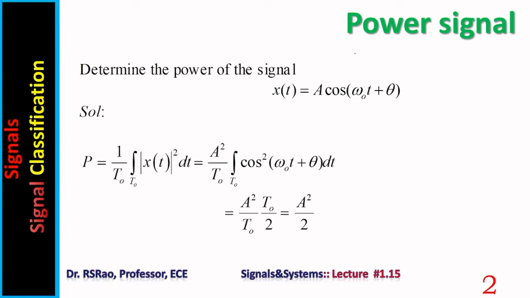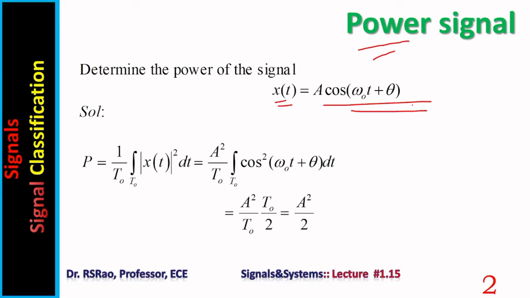To begin with, we consider a problem: determine power of the signal. Given signal is x of t equal to A cos of omega naught t plus theta. Notice it is a periodic signal.